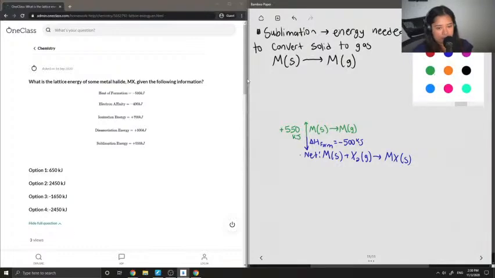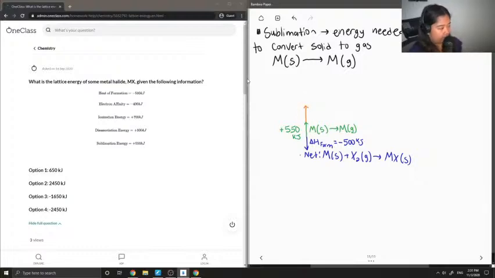So now that we have our metal as a gas, I want to convert my halide to a gas, but, well, it is a gas. I first need to break apart the X2 bond. So I'm going to write out that the bond dissociation needs to occur just to get a halide on its own. And this required 300 kilojoules of energy.